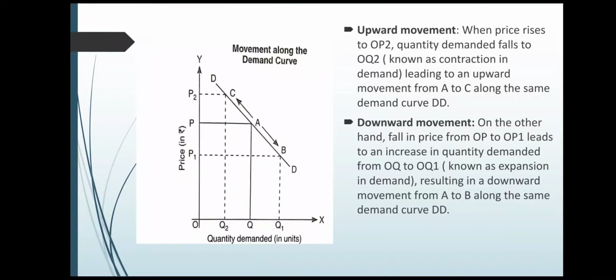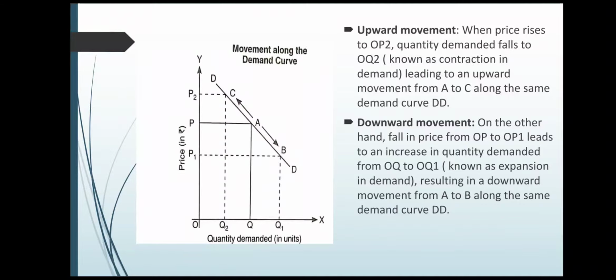So over here there is this graph towards your left which shows the movements along the demand curve. On the demand curve there is one point A which is in the middle, and there are two types of movement. One is upward movement, that is from point A to point C, and another is downward movement from point A to point B. So these two movements are shown in this graph.